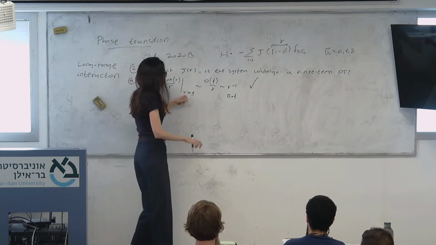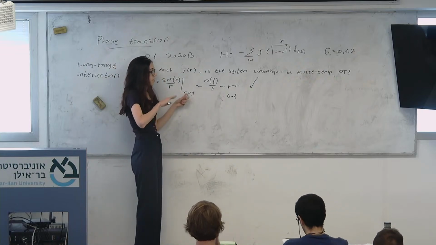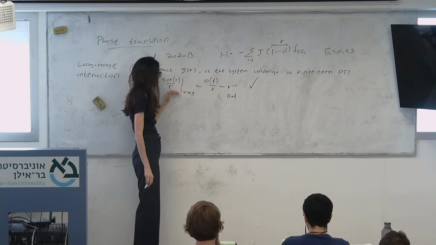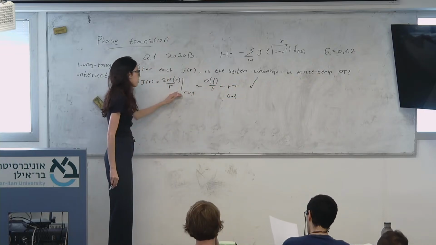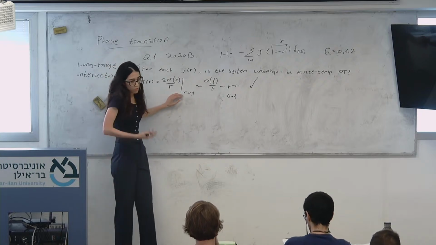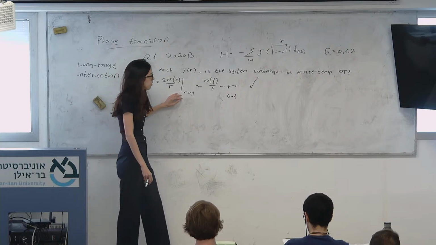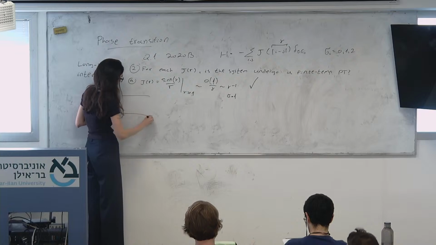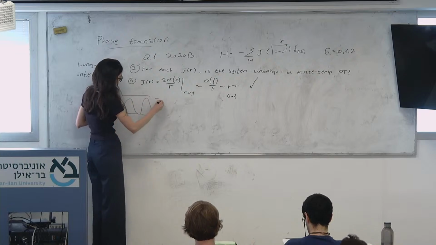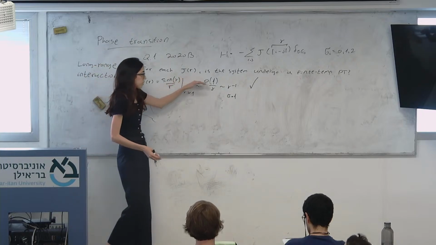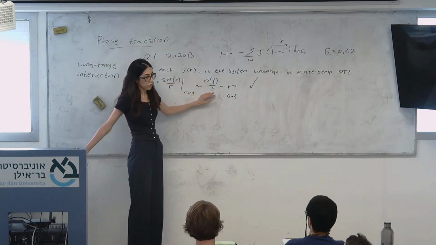You agree that we look at R that is much larger, that is just large. So we want to get to a power form, because that's the only thing that we solved. So the sine is just a number of order 1 divided by something that goes like a very large number.